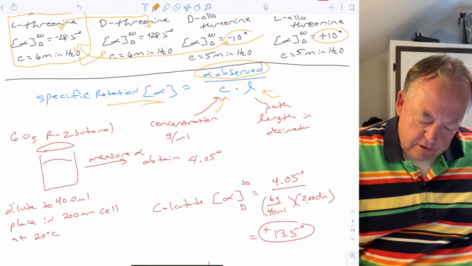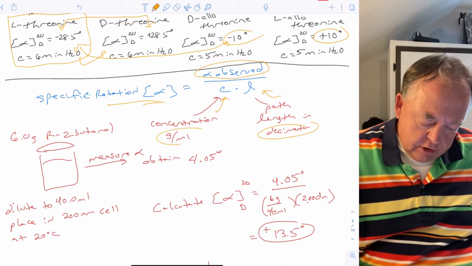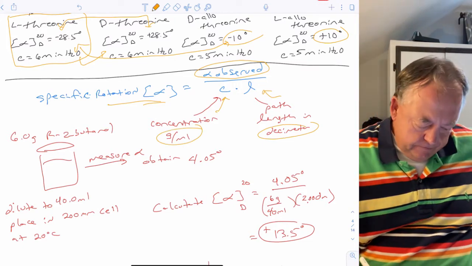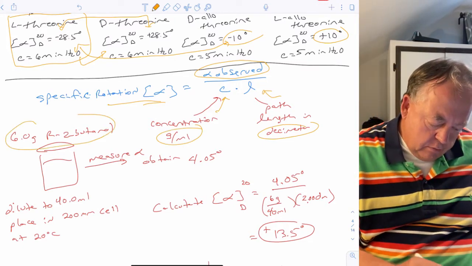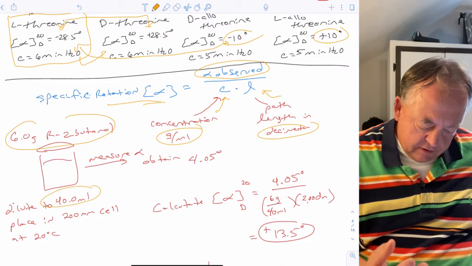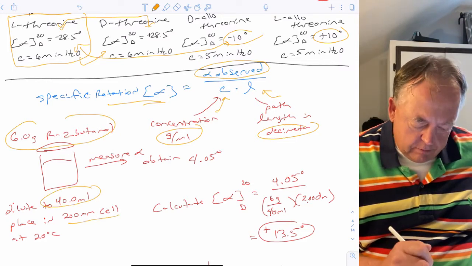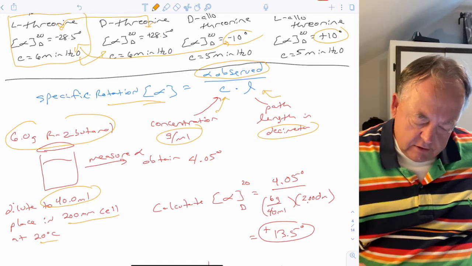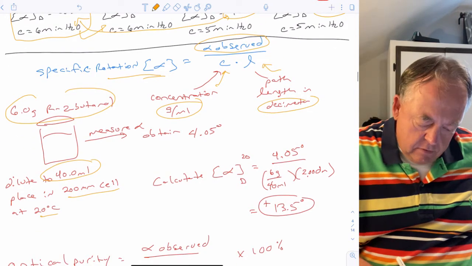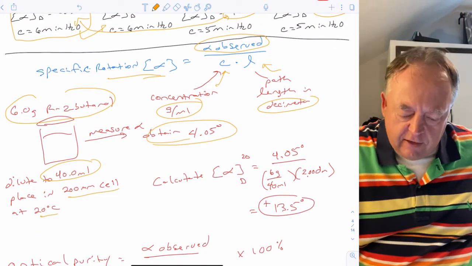Okay, path length is in decimeters, and concentration is typically expressed in grams per mil. So if we took 6 grams of our 2-butanol and diluted it in some solvent to 40 mils, placed it in a 200 millimeter cell at 20 degrees Celsius, the observed rotation would be 4.505 degrees.